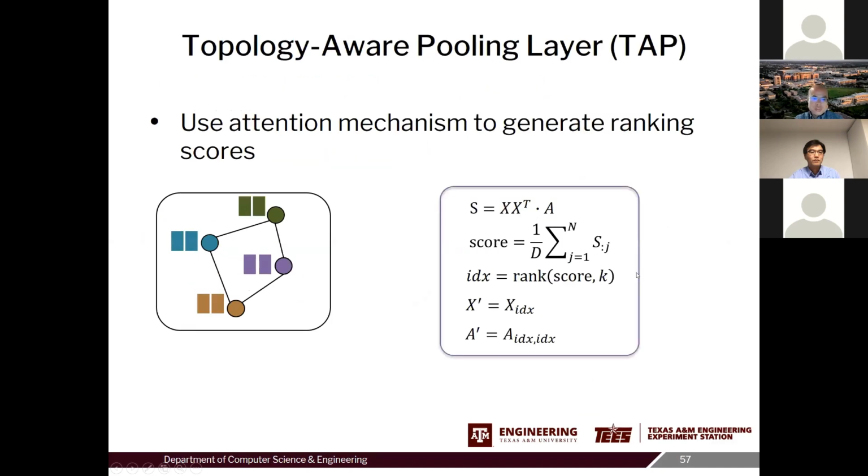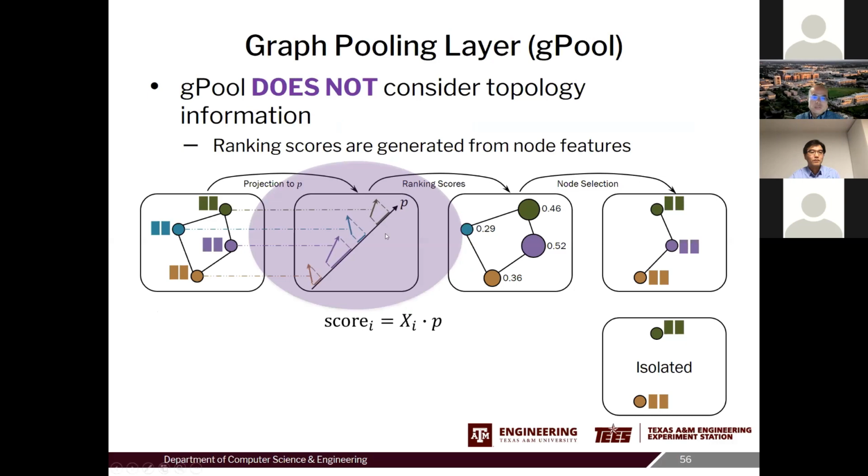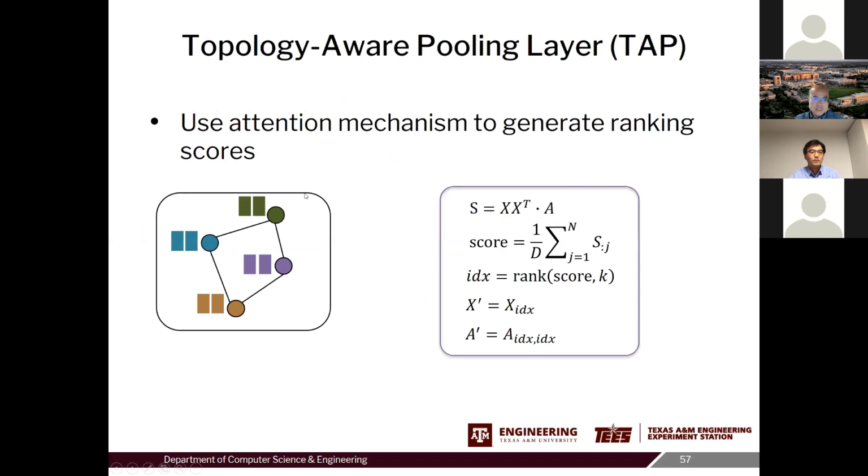We try to address that problem using something called a topology-aware pooling layer, because in the first method, the projection is completely based on the feature vectors, not the topology at all. In this topology-aware pooling layer, we compute a ranking score again for each node, but the ranking score for each node is computed based on the topology, essentially with the neighbors.